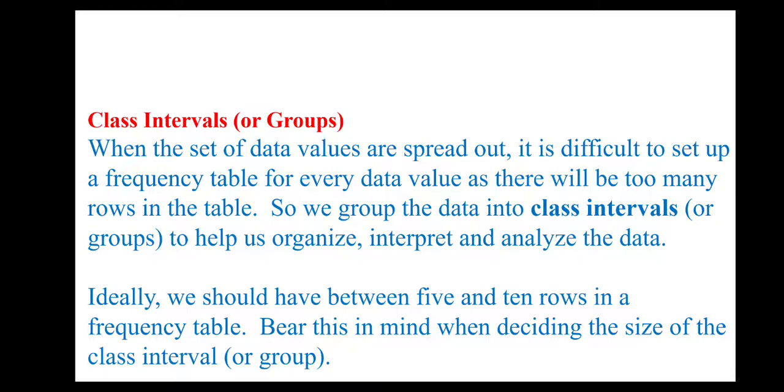Ideally, we should have between 5 and 10 rows, and we can make it as a frequency table. Bear this in mind when deciding the size of the class interval or group.